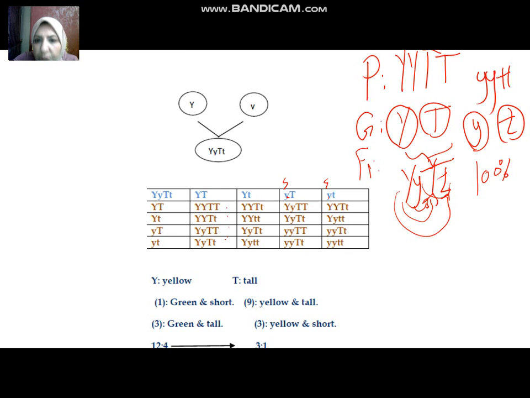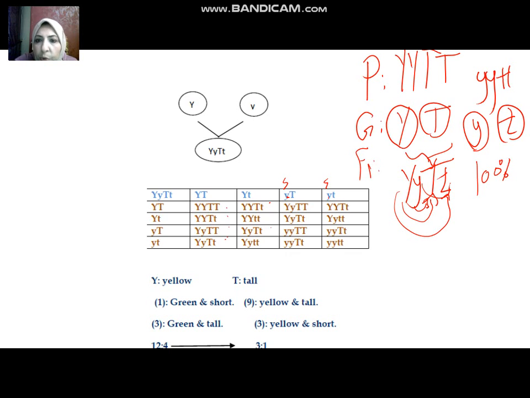Here also the two dominant traits. Here only one dominant trait, but the other one is recessive. Number 1, 2, 3, 4, 5, 6, number 7, two dominant traits. Here, no, one dominant and the other is recessive.